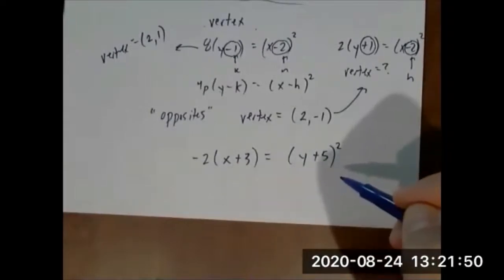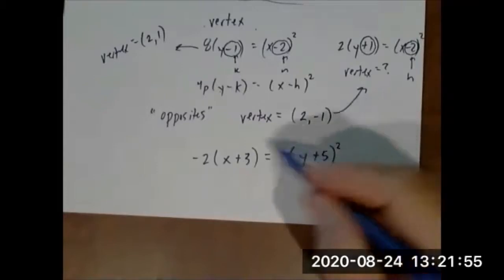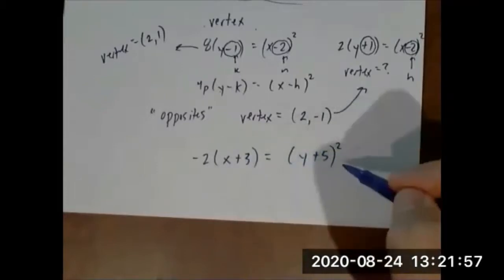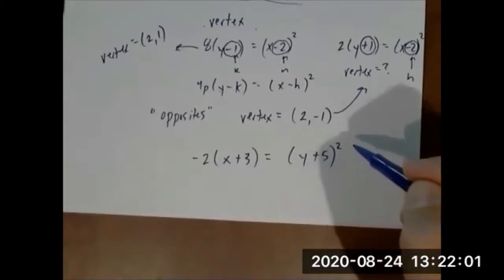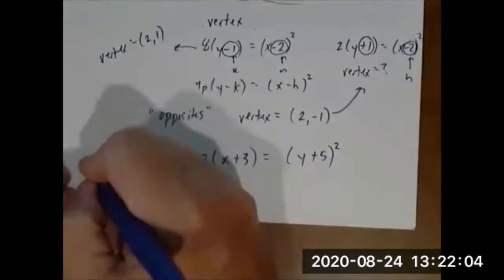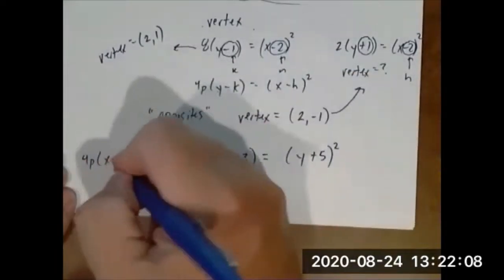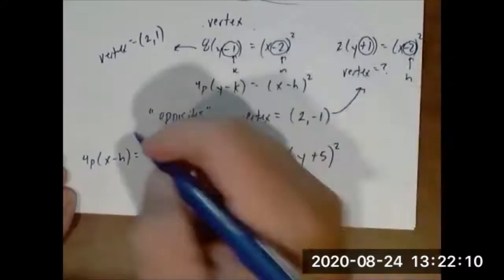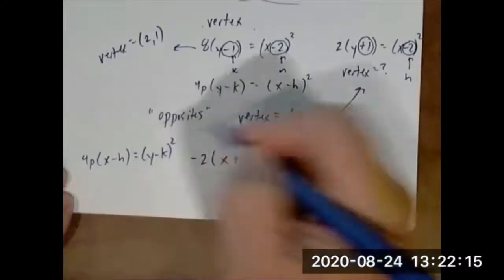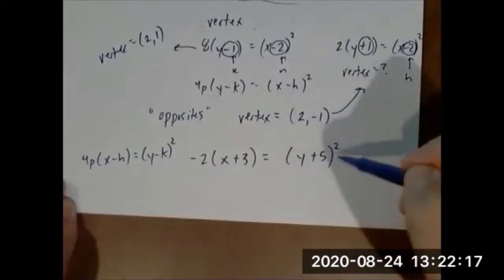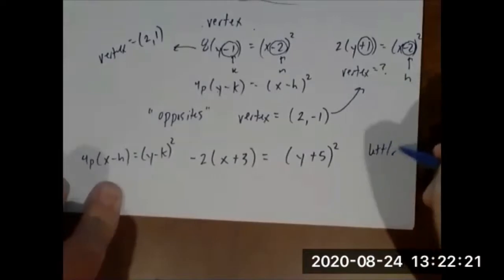Just for fun, what kind of parabola would we have here? Well, first of all, we see the y parentheses squared, and I know the standard form is 4p times x minus h equals y minus k squared. So since the y part is squared, I know this is a left or right.